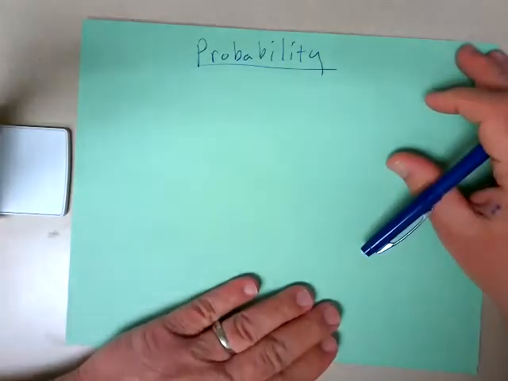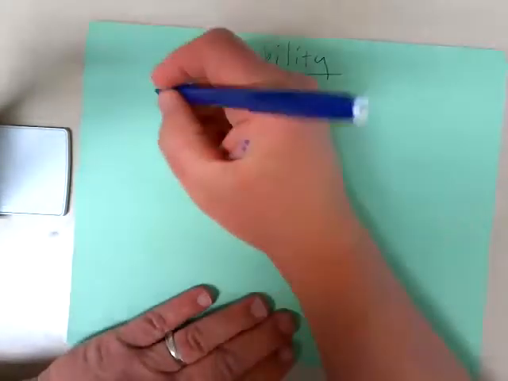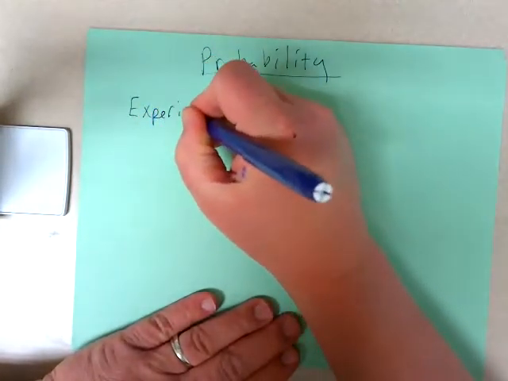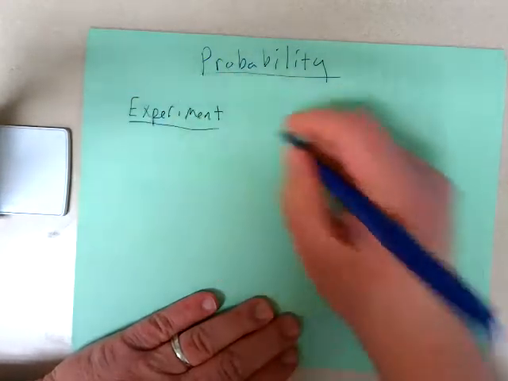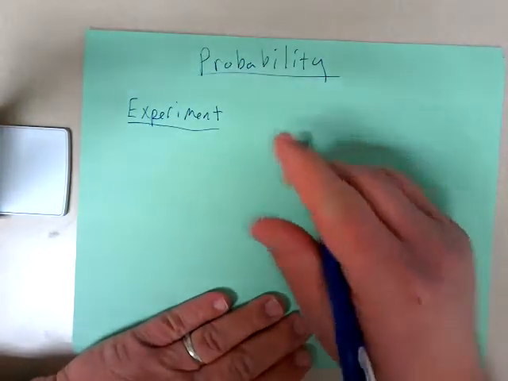So now to define probability, let me just define a few things. So first, an experiment. In probability, an experiment is not like an experimental study or even a science experiment or anything.